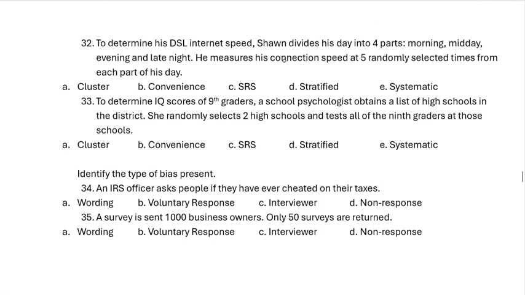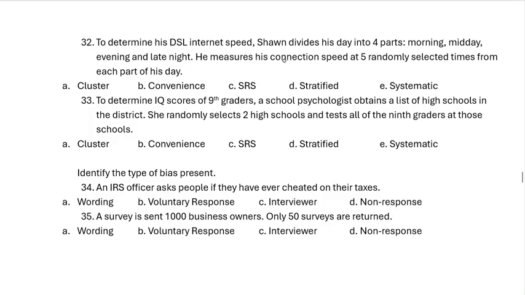To determine his DSL internet speed, Sean divides his day into 4 parts: morning, midday, evening, and night. And then he measures his connection speed at 5 randomly selected times from each part of the day. So he did groups and then did 5 times in each part of the day. That's stratified.